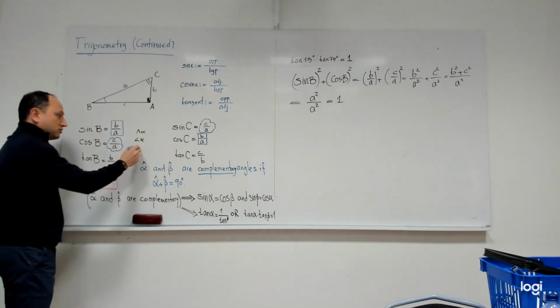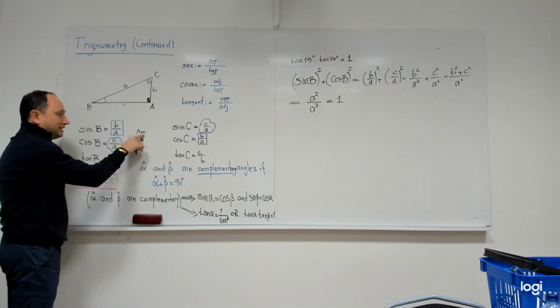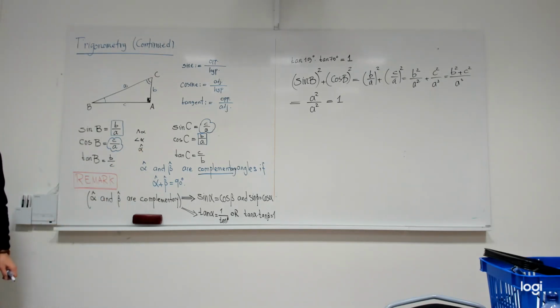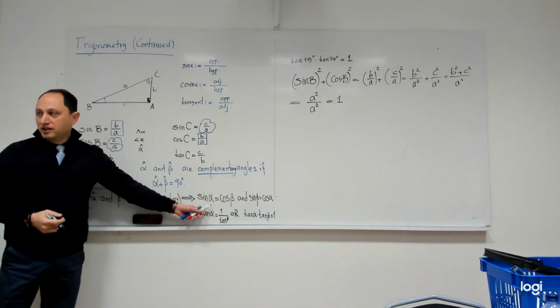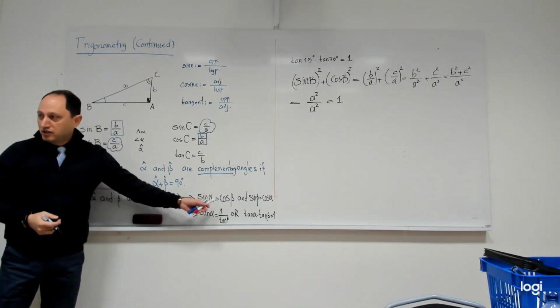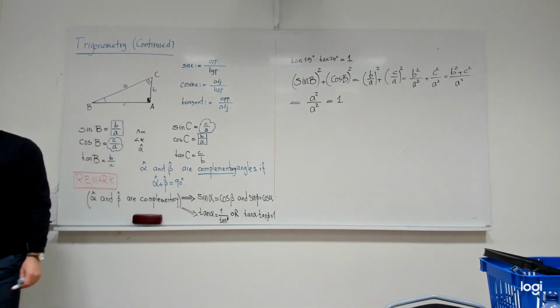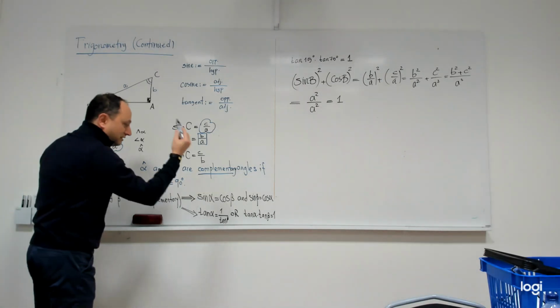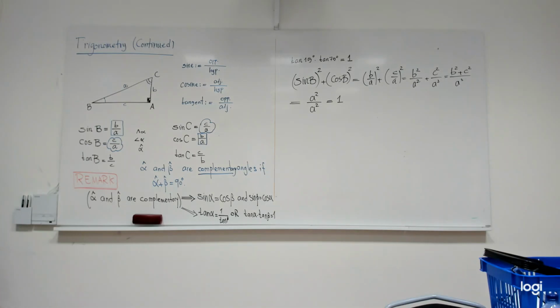If I want to read this, I would write angle alpha, angle alpha, angle alpha. I am using this symbol for the notion of angle. But here I don't need to emphasize, because when I write sine of alpha, alpha is automatically an angle. Of course, if you write that hat here, that's also correct.